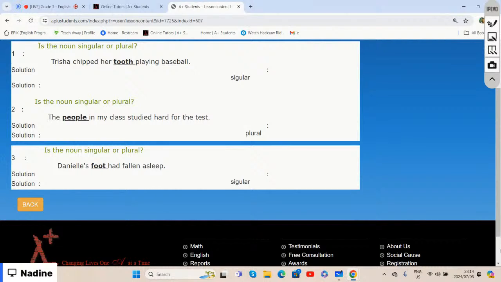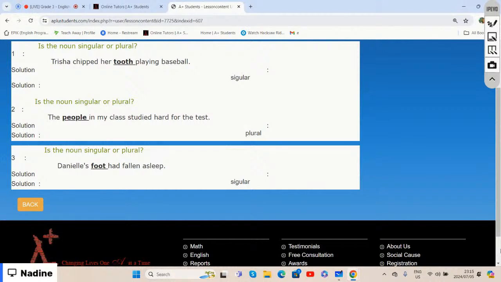Because if something is singular, it refers to one person, animal, place, or thing, like tooth or person or foot or hand.